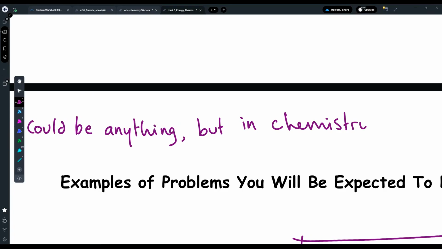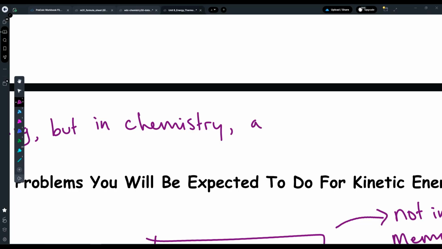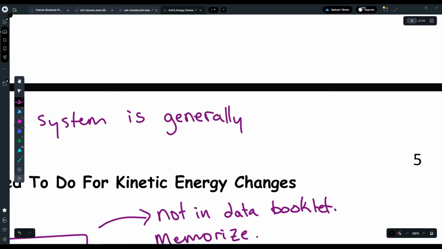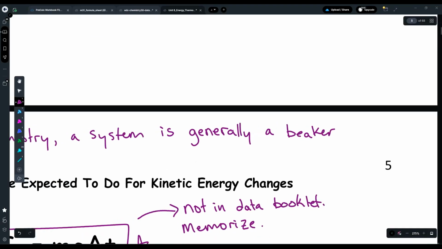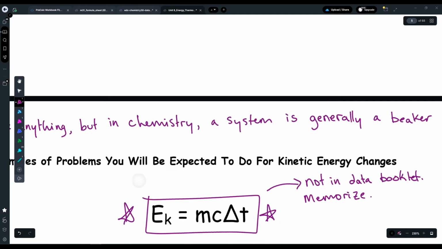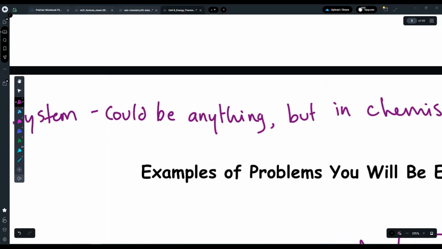But in chemistry, a system is generally, so I said a reaction vessel, but a reaction vessel could be something like a beaker. So that's what I'm going to use. So a system is generally a beaker where your reaction's taking place. Typically. Not all the time, but that's typically what it's referring to.